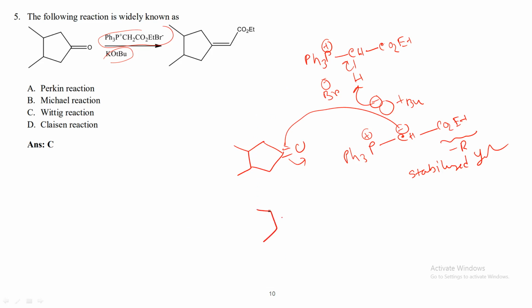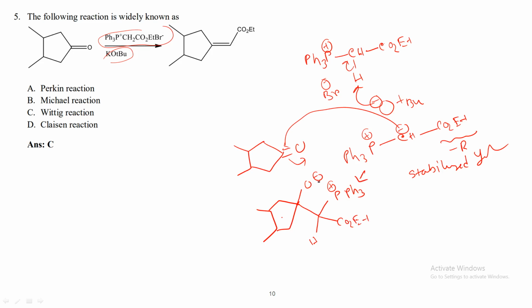So CH is attacking, so O minus there, Ph3P plus like this, and there one hydrogen is there and one CO2Et is there, right?